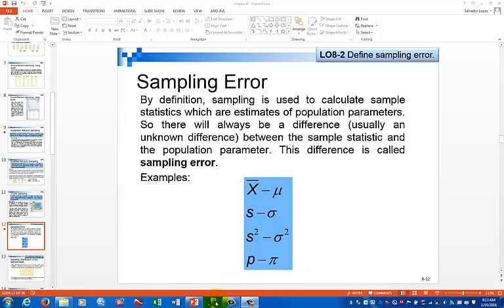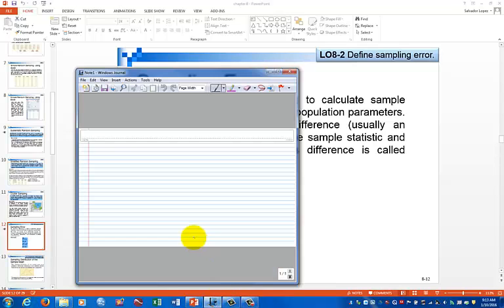Well, if you're investigating, for example, the average age of students at West Georgia, you might select, let's say, 50 students.